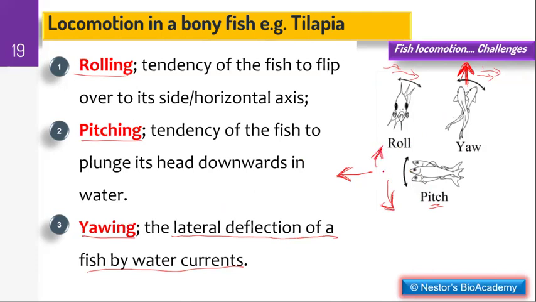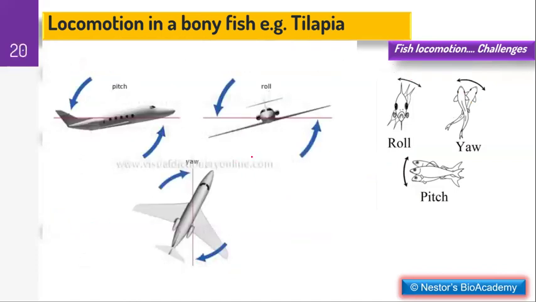So the tendency of the fish to plunge its head downwards in water, or the force that tends to make it change its head to move upwards in the water column, that is pitching. So while a fish is swimming, it has to possess features that will enable it to navigate and overcome these challenges.